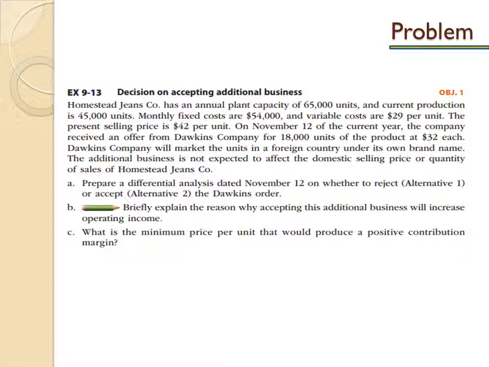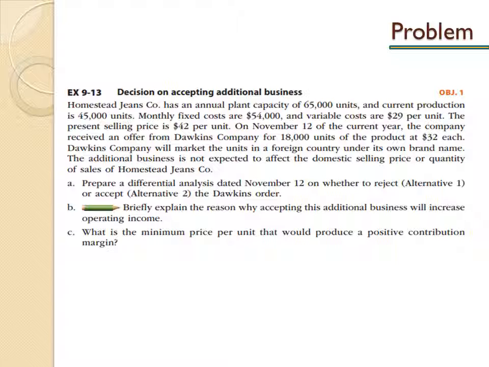On November 12 of the current year, the company received an offer from Dawkins Company for 18,000 units of the product at $32 each. So from $42 to $32. Dawkins Company will market the units in a foreign country under its own brand name. The additional business is not expected to affect the domestic selling price or quantity of sales of Homestead Jeans Company.